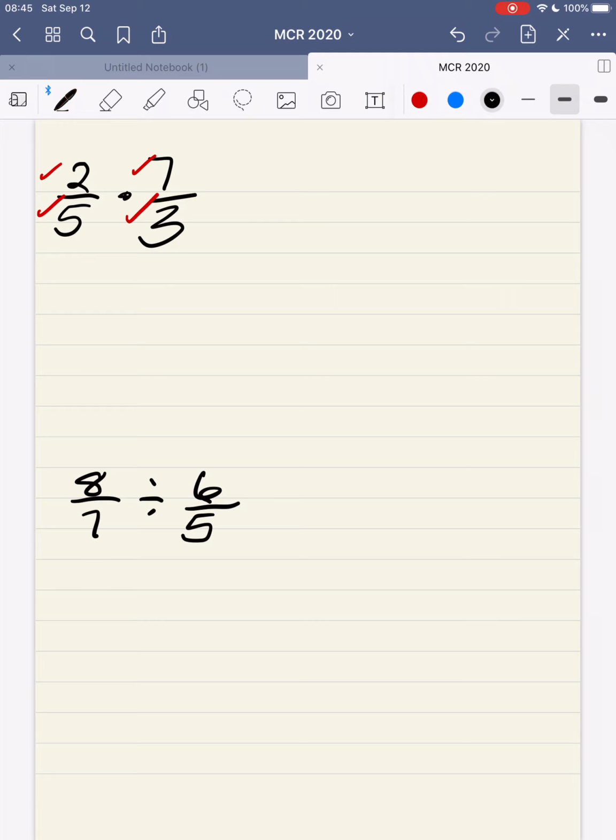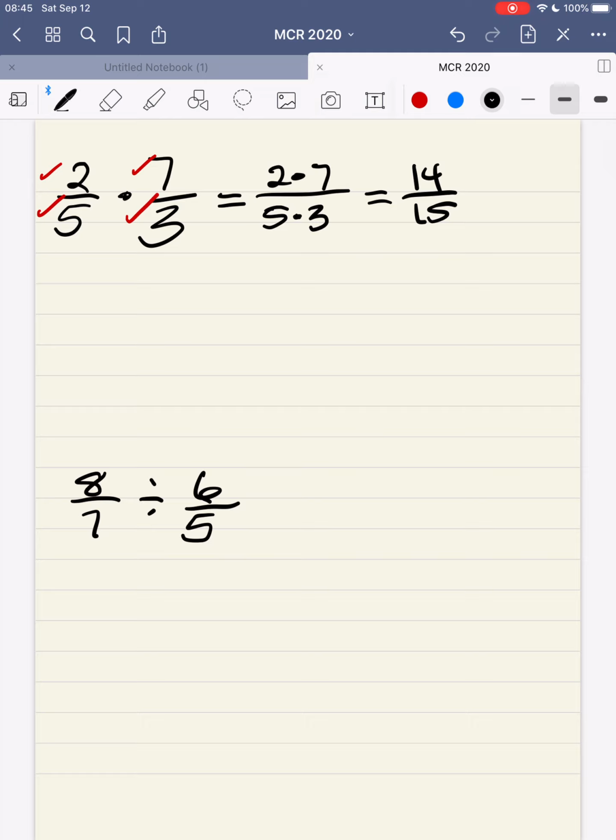So this one I want to go ahead and just multiply my 2 times 7, my 5 times 3, and get 14/15, and I'm completely done with this fraction. So here there was nothing at all from the beginning, and I totally encourage you to look at the beginning. It was already multiplication. I didn't have to worry, and I could just go ahead and multiply straight across.